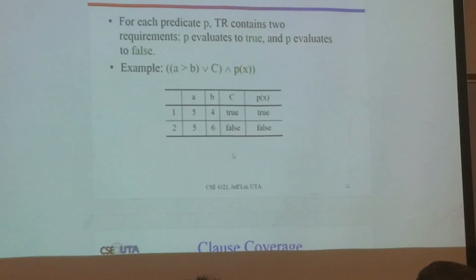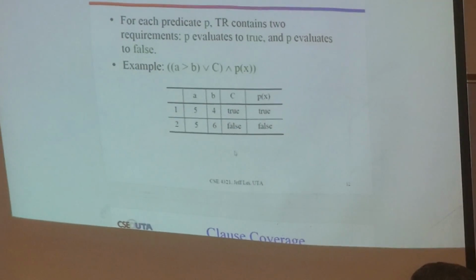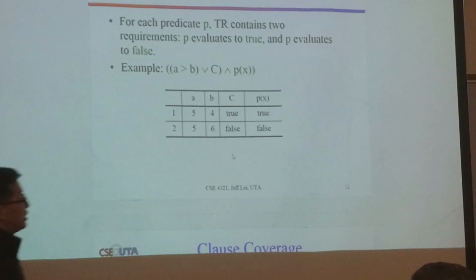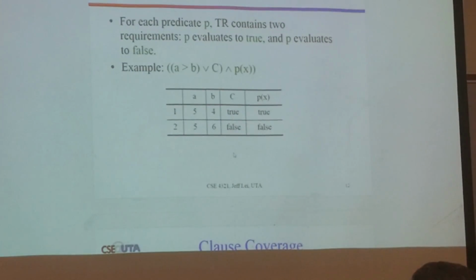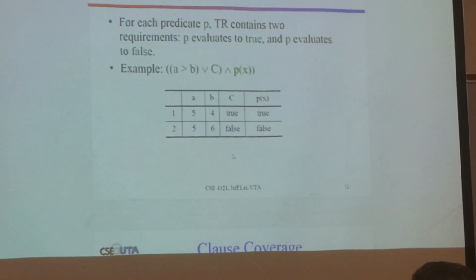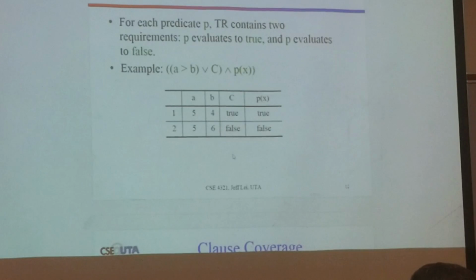Okay, let me be more specific. What if I make a mistake in the predicate? If the correct conditional expression should be that one, okay? So let's say I was out of my mind, I was not thinking.